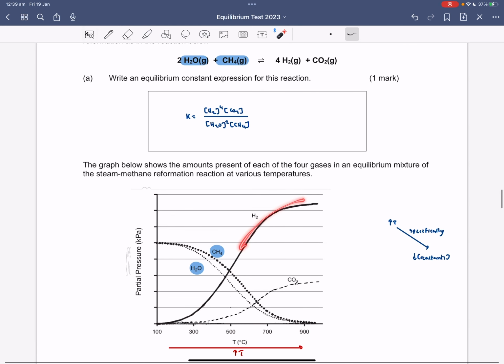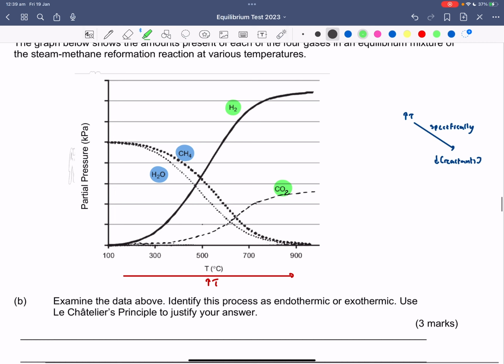Obviously the H2 is doing it significantly more because it's got 4 H2s for every CO2. What we notice is that the H2 and the CO2 are both increasing. So basically there is an increase in the concentration of products. That's specifically what's happening with the increase in temperature.